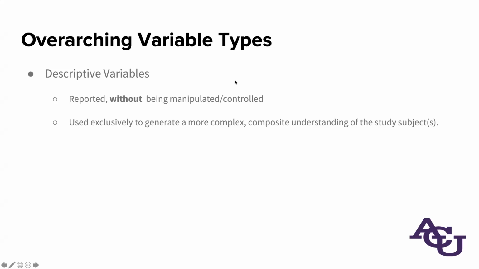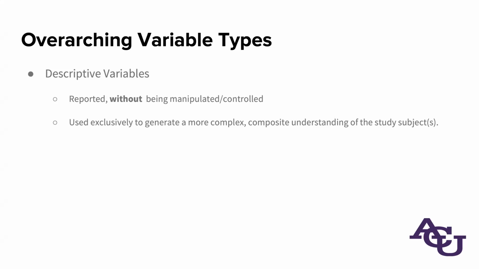They're using them to generate a more complex kind of composite understanding of the study subjects, to understand who we were referring to. So if all you tracked was, say, gender, that's not going to give you a great understanding of other things that describe the people who are involved in it.